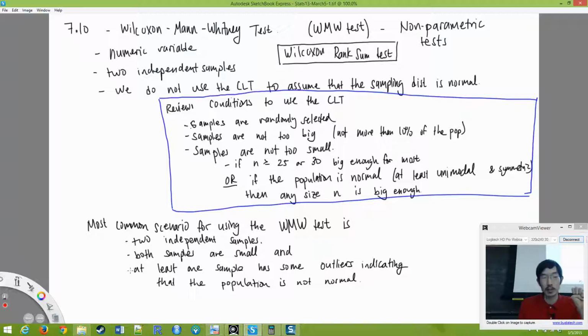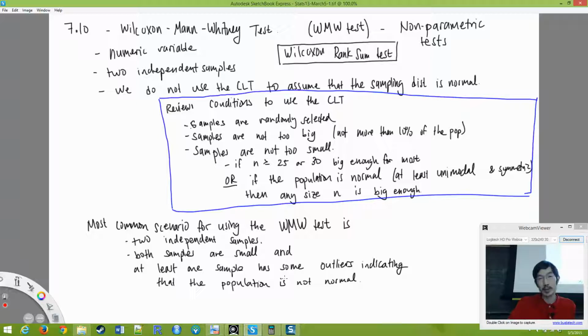The most common scenario is you have a small sample with some obvious outliers, where you have at least one or two values that seem to be orders of magnitude larger or smaller than the other values. Usually most of the numbers seem to be within a comparable range, and then it's probably not a problem.